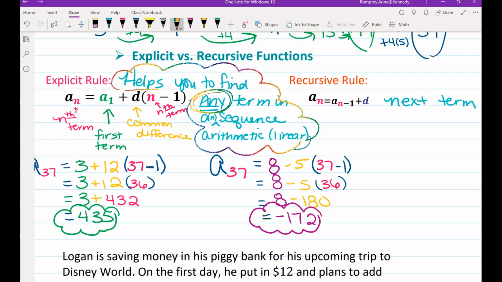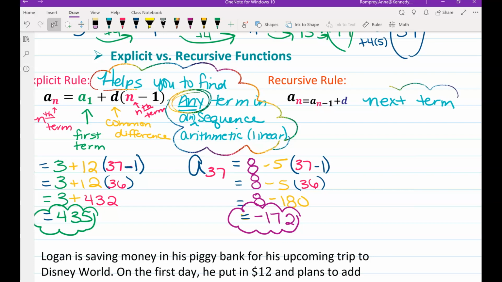Okay, so super helpful, right? I've got a common difference of 3, and my 15th term is 75. What's my next term? 75 plus 3, 78. Essentially, that's what the recursive rule does.